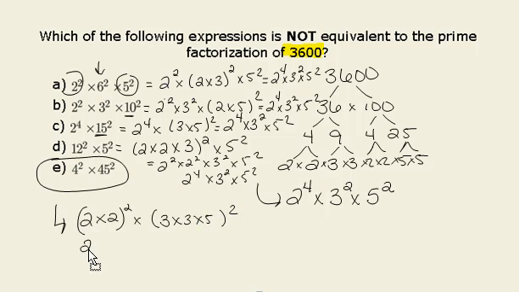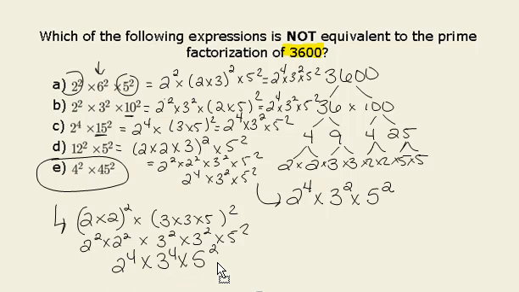Therefore, I have 2 squared times 2 squared times 3 squared times 3 squared times 5 squared, giving us 2 to the 4th times 3 to the 4th times 5 squared. Notice that our powers on 3 are different, therefore E must not be the same as 3600.